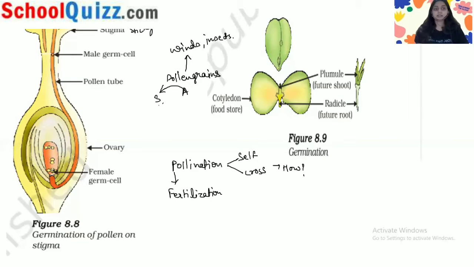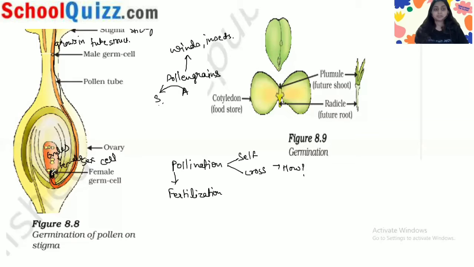And this pollen grain grows in a tube-like structure, and this reaches into the ovary. In the ovary we have the ovules, and in the ovules we have the female sex cells.